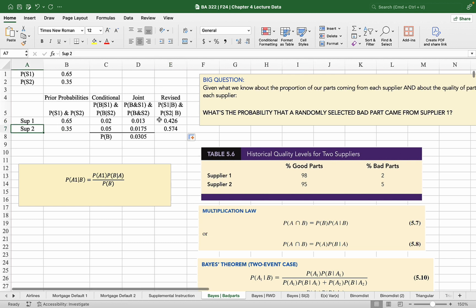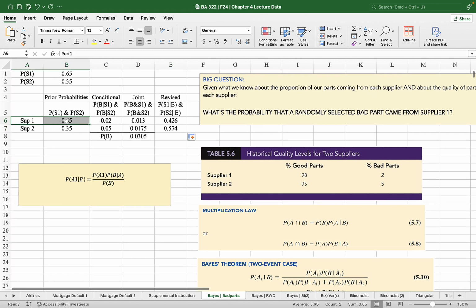And the probability that it came from supplier 2 is 0.574, or 57.4%. And so what this updating has done is it's taken the probability that a given part in our warehouse comes from supplier 1 from 0.65 down to 0.426, because they have a better track record of making good parts. If we know that the part is bad, we realize that it's more likely to have come from supplier 2.